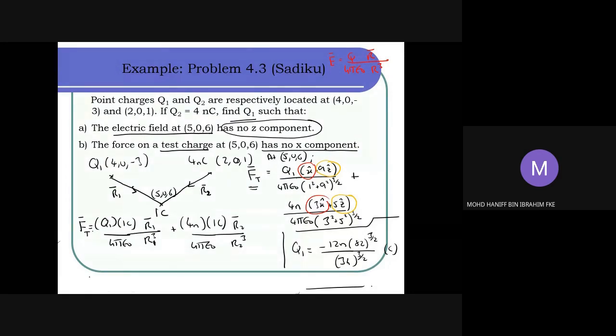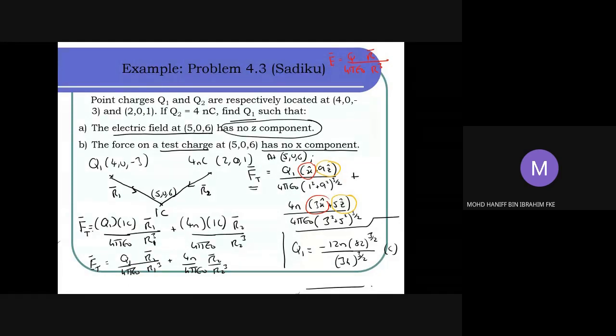So we can see that this is similar to the equation of the E field. The total E field just now is Q1 over 4 pi epsilon naught R1 vector over R1 to the power of 3, plus 4 nano over 4 pi epsilon naught R2 vector over R2 to the power of 3. This is the equation for the total electric field at point 506.